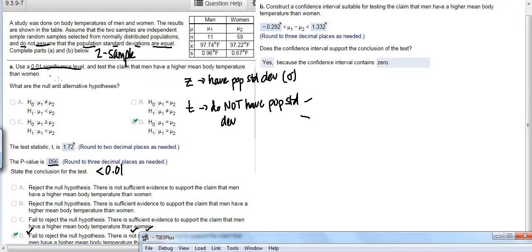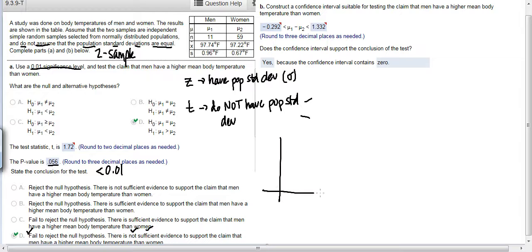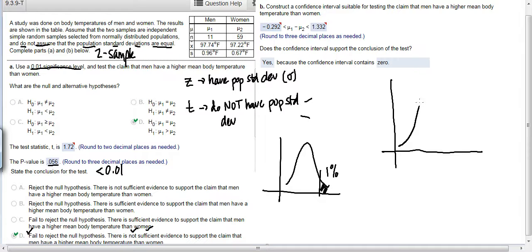If you have a 0.01 significance level, when you're doing a one-tailed test, what we were trying to prove was, on a standard normal curve, that right here was 1% of the data. Now a confidence interval is balanced about the mean. So in this case, we have our 1% here, and then we also give another 1% over to here.